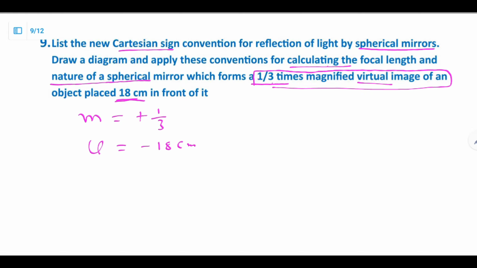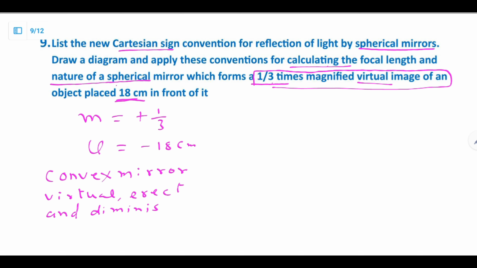Calculate the focal length and nature of the spherical mirror. So the nature of the spherical mirror is convex, because a convex mirror always forms virtual, erect, and small size, diminished images. Only a convex mirror forms this type of image.